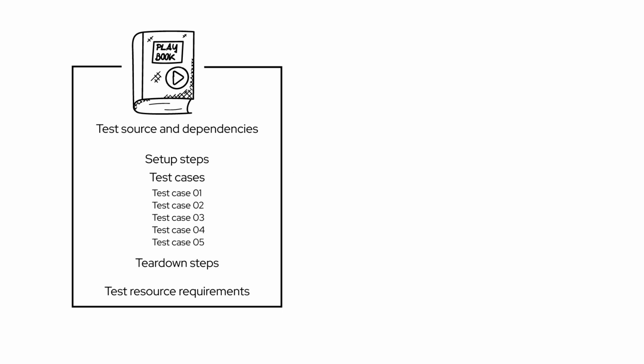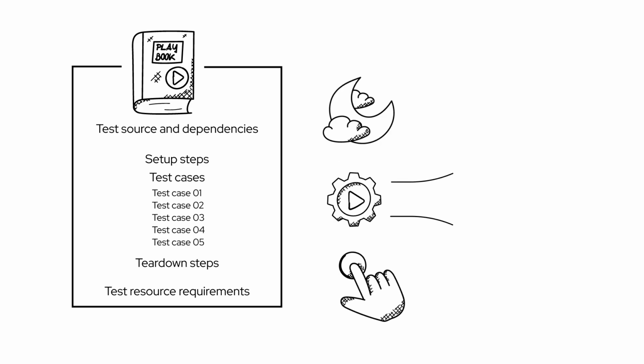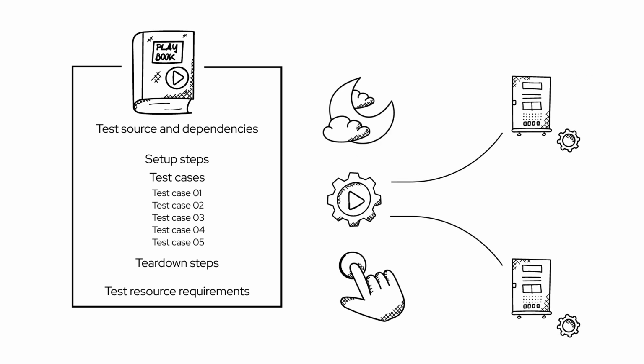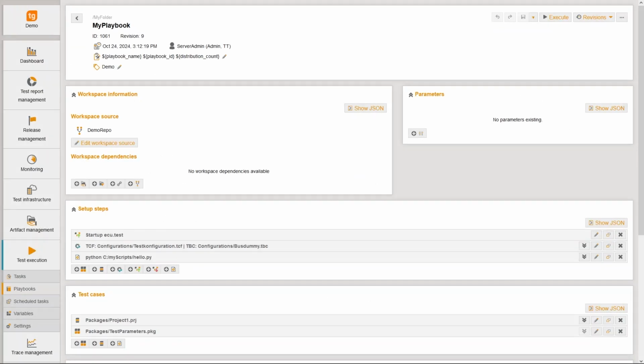Imagine you have a playbook which contains regression tests and you want to execute this playbook every night. It would be extremely inconvenient if every night someone would have to manually start the playbook execution. So, instead you want to start this execution automatically every night. For this use case, you can specify a recurring playbook execution.